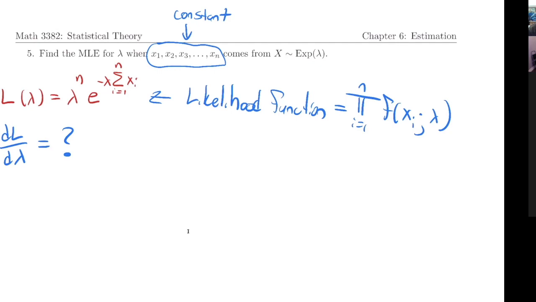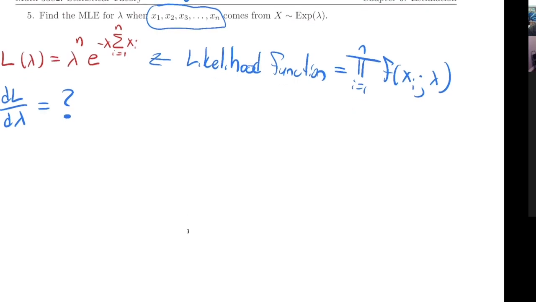So here's a nice little thing that happens a lot with maximum likelihood estimates: in some situations, it's a little bit easier to figure out when the natural log of the likelihood function is maximized as opposed to the likelihood function itself. So consider the following.